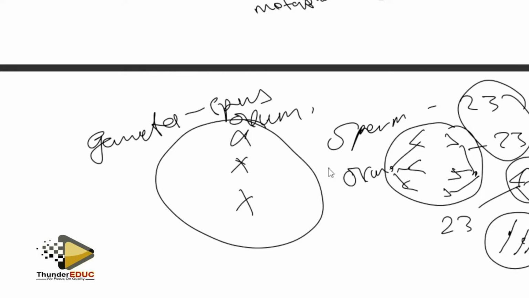Meiosis takes place in the testis in humans, that is male, and in the ovary, that is female. In plants, it takes place in the anthers, that is male, and in the ovary, that is female. You have to know those things.